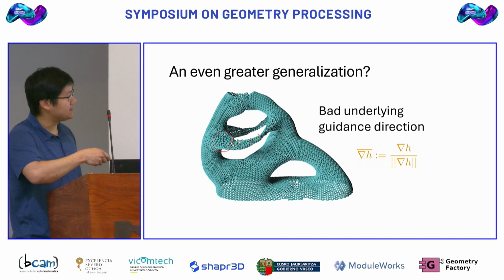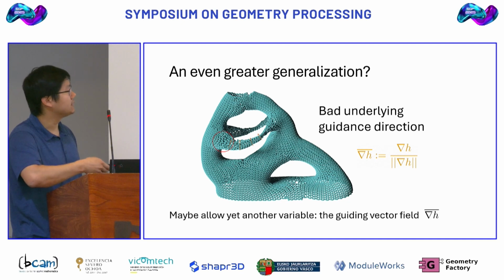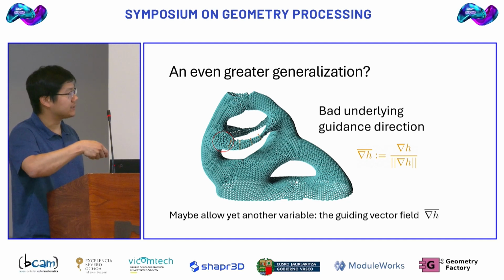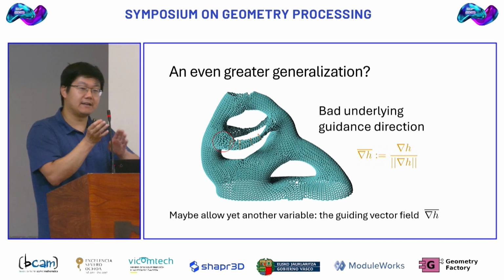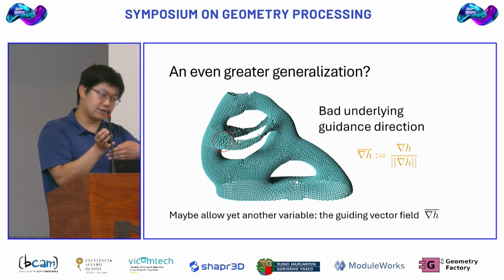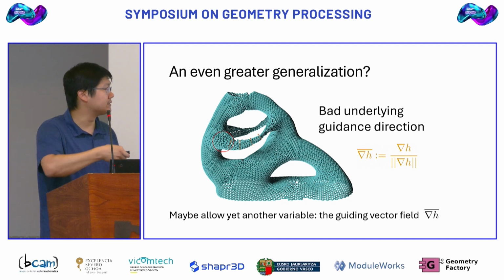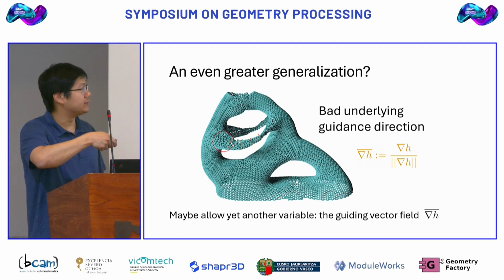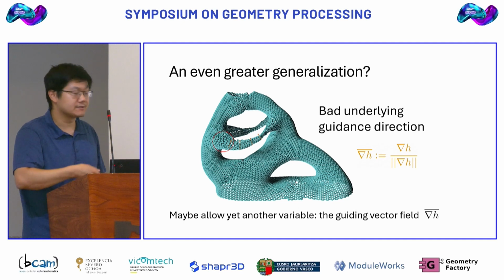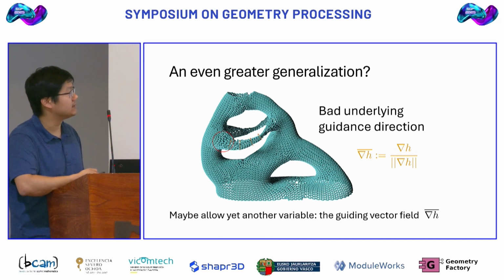And you can see that it ends up getting you a field that varies this way across this arm when really it would make a lot more sense to go along the arm. And this leads to a lot of uneven spacing at certain points. So obviously you could consider also allowing this guiding vector field to modify itself to some degree in order to achieve better spacing. So this is a natural thing to consider.